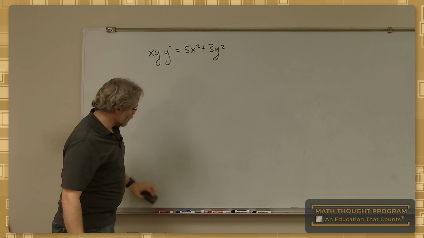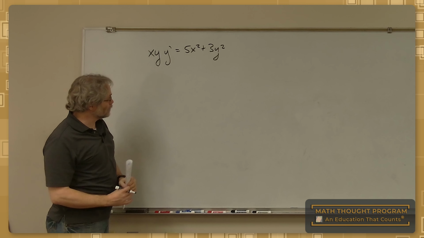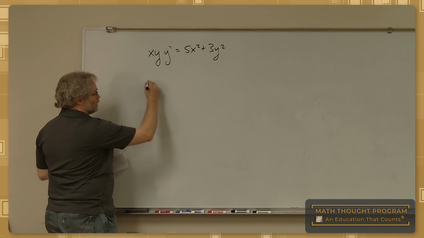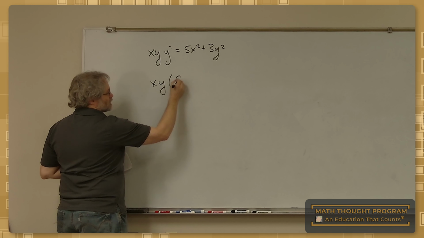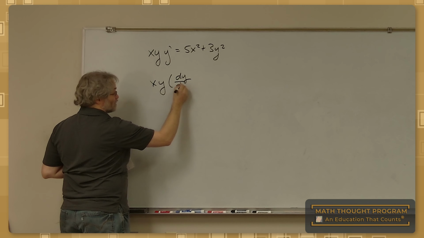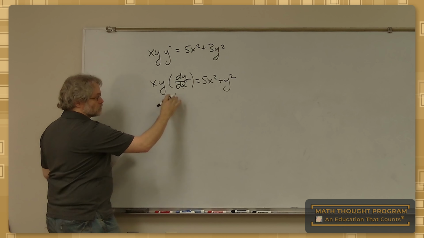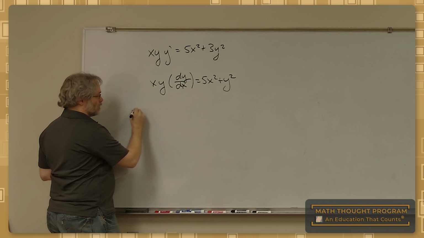Okay, so another thing that we could potentially do is take the y prime, recalibrate it, and say dy over dx. Then you could multiply both sides, shuffle some terms around.